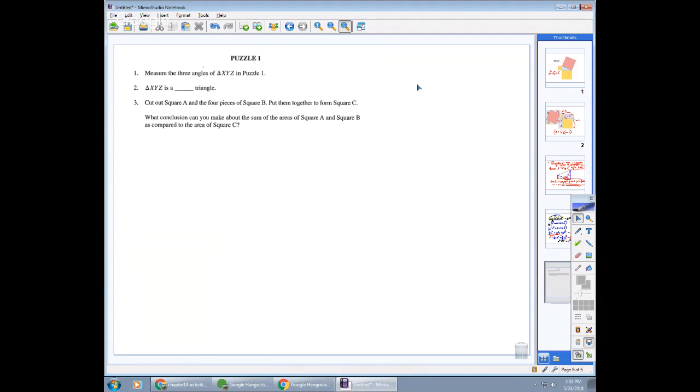Here's my protractor. Yes, I think it's pretty clear it's a right triangle.